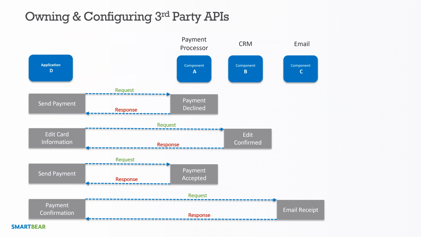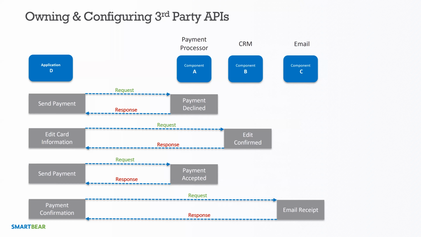Let's say the payment processor and our CRM are third-party, and maybe this email system we do ourselves. When we send a payment and that payment gets declined, that's something that is set up maybe in their sandbox on the payment processor side. Then it's going to come back and we're going to have to edit that information. So already we have 2 different calls that we need to work with, on an API we don't control, to get us in a state that we can actually work with.